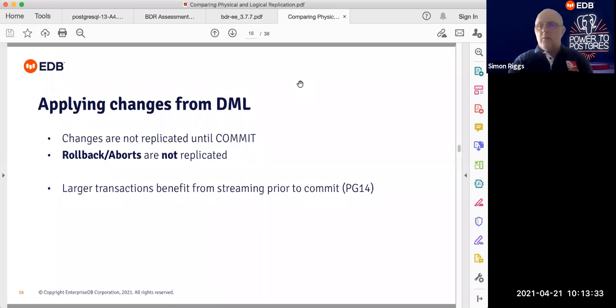Now, the best way to go about that in terms of logical replication is just to make your changes in smaller transactions, and that allows those then to be streamed fairly easily. Okay. So it's in the advantages section, but it's kind of a disadvantage of logical.